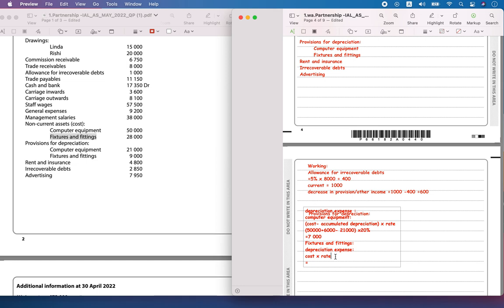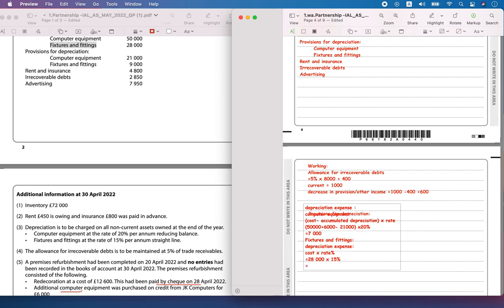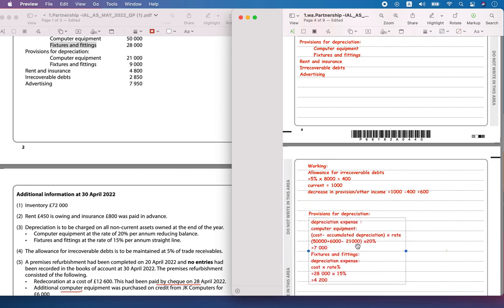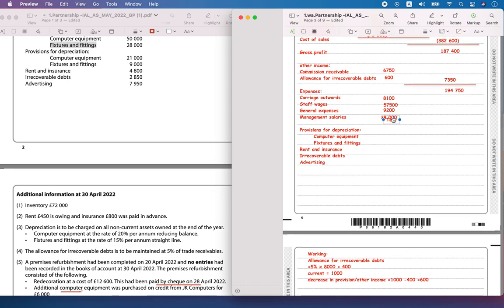So 28,000 times 0.15 is equal to 4,200. This is the provision for depreciation calculation for the computer equipment and fixtures.